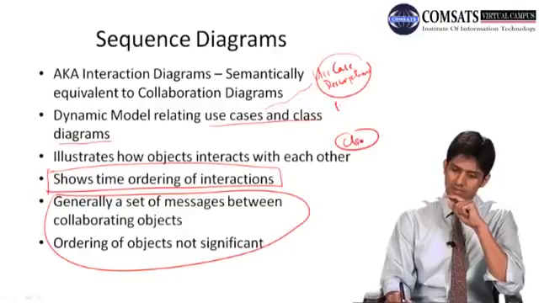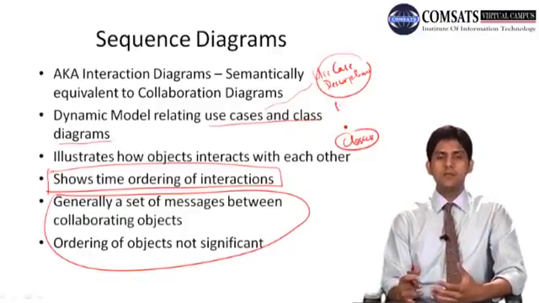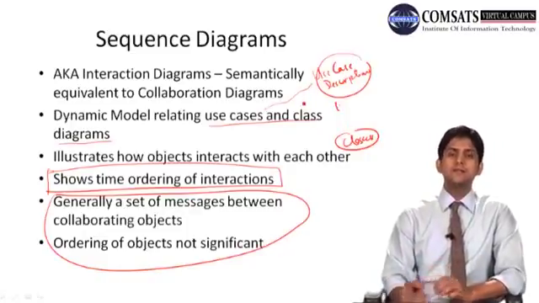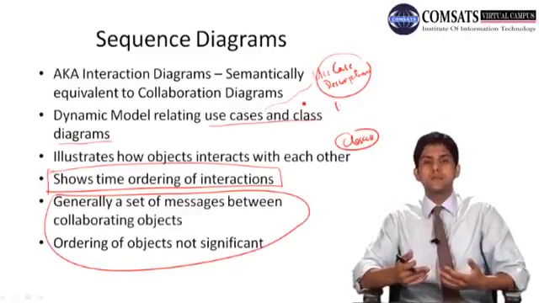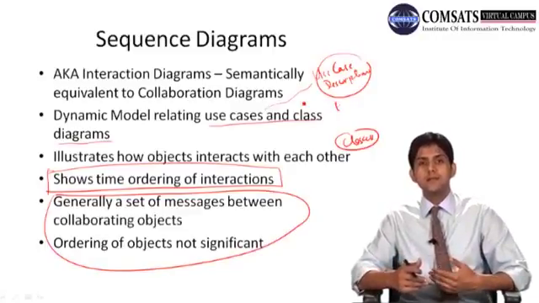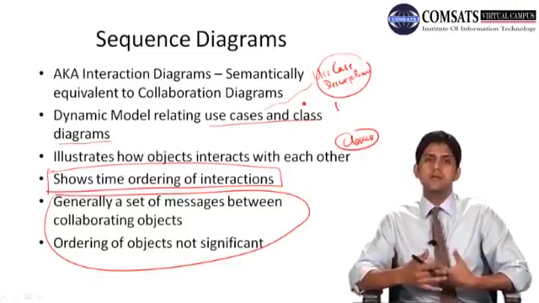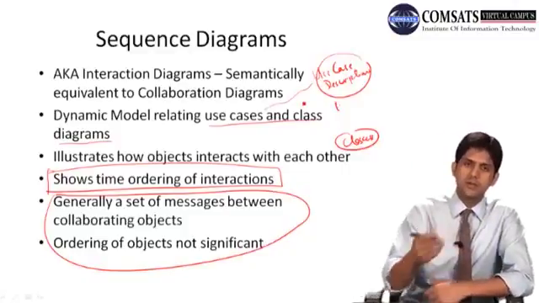So we have the use cases and we have these classes. Why do we say it relates these two? Because the use cases tell us different scenarios of how an actor will interact with the system, whereas the classes tell us which will be the main entities, or what objects will be created in a solution in a particular scenario.